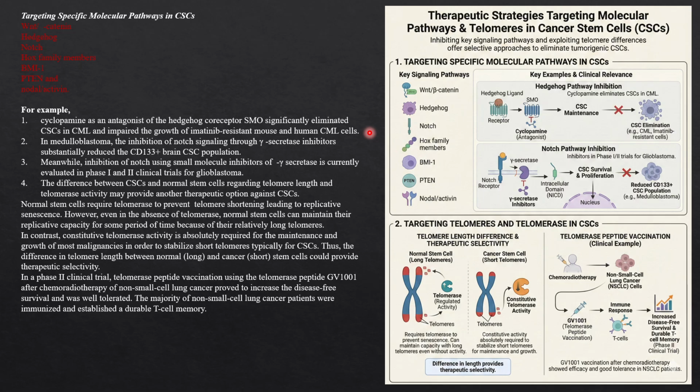Additionally, the cancer stem cells rely on telomerase activity to maintain short telomeres, making telomerase a therapeutic target. Telomerase-based immunotherapy, such as the GV1001 peptide vaccination, stimulates immune responses against the cancer stem cells. These strategies aim to eliminate the cancer stem cells specifically, improving treatment outcomes and reducing relapse. Overall, combining pathway inhibition with telomere targeting offers a promising approach for durable cancer therapy.